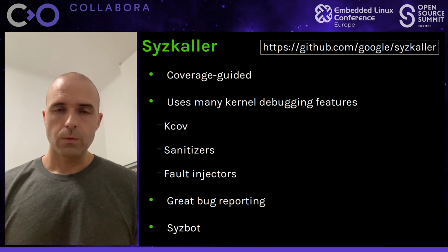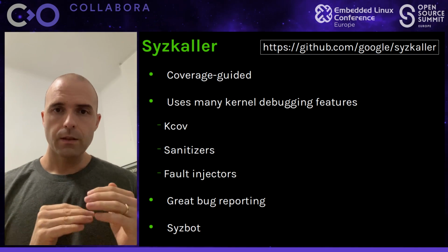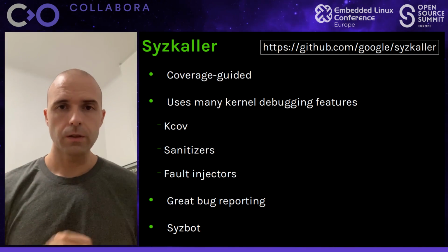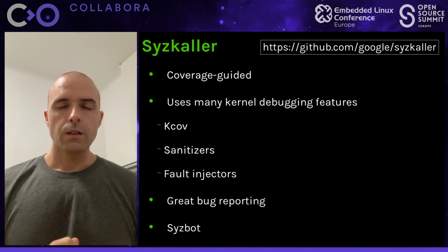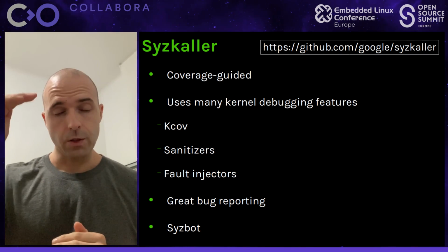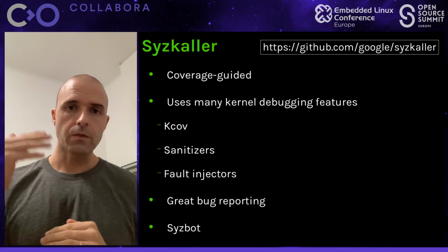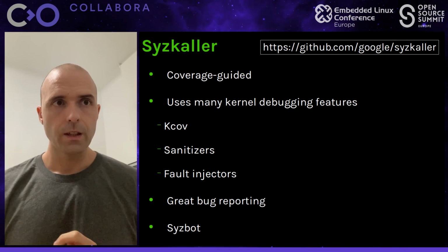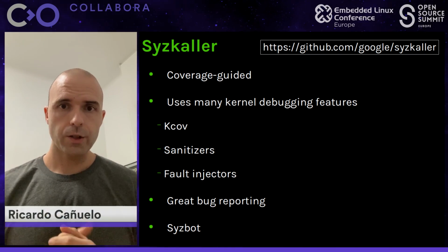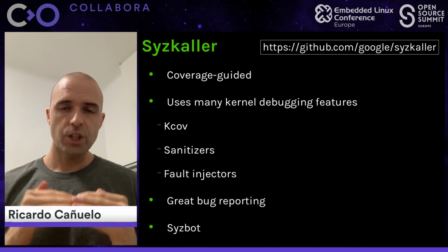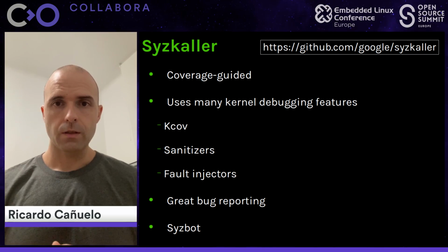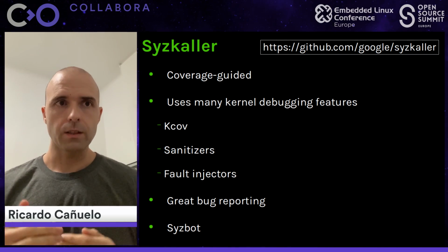What it does when it's enabled is to make the compiler introduce instrumentation code all over the kernel code, so that the kernel can keep track of the code coverage and share this information with user space. Then Syzkaller will retrieve this information and check the code coverage when it runs one of its test programs to see how effective it was.